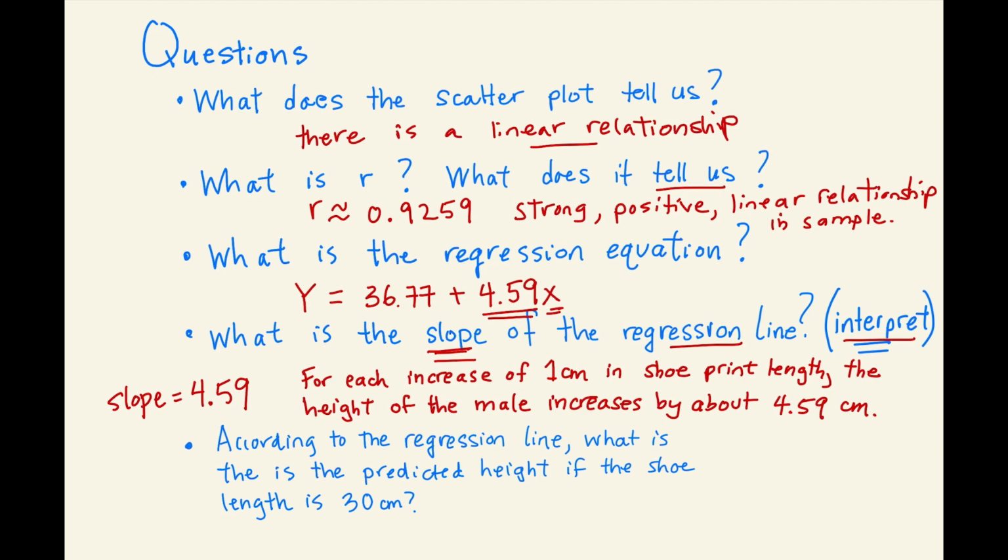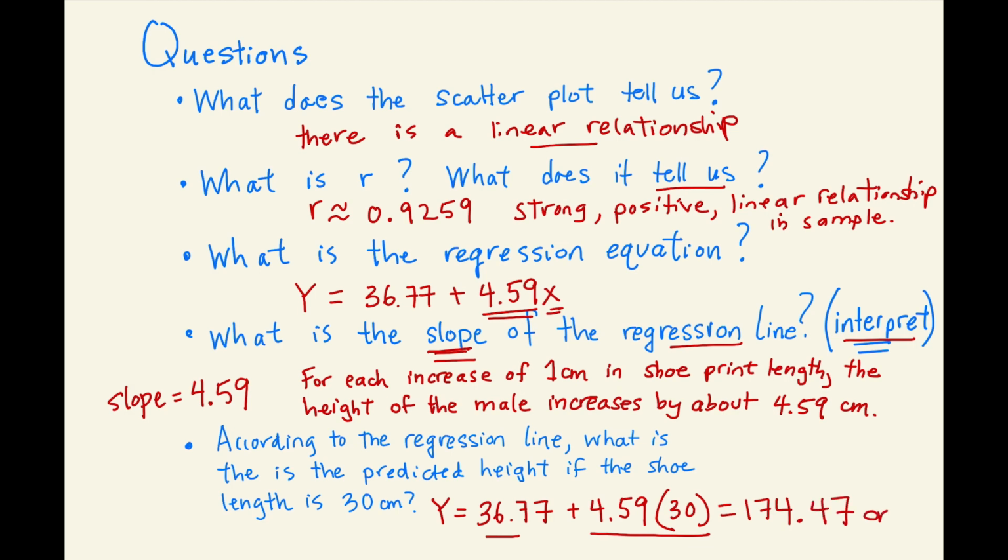According to the regression line, what is the predicted height if the shoe length is 30 centimeters? I'm just going to put 30 centimeters into the regression equation, multiplying first and adding 36.77, which gives me 174.47 centimeters.